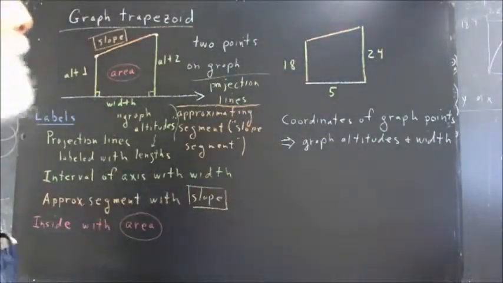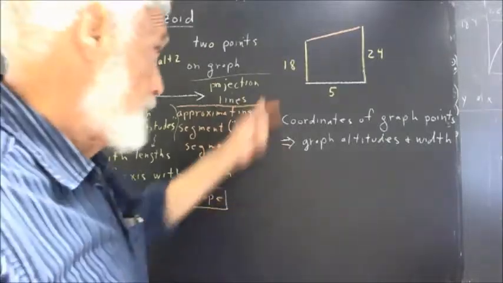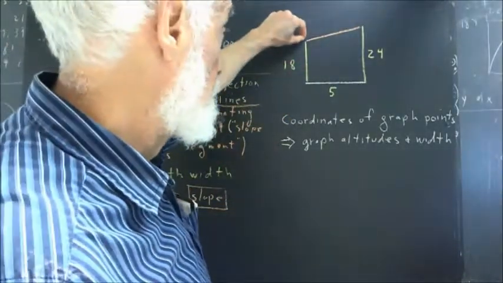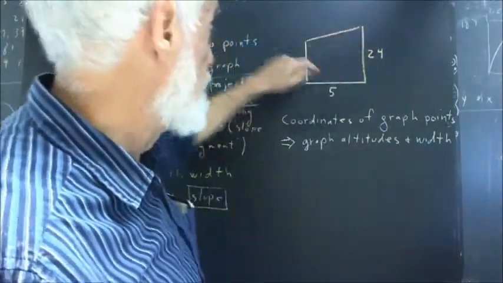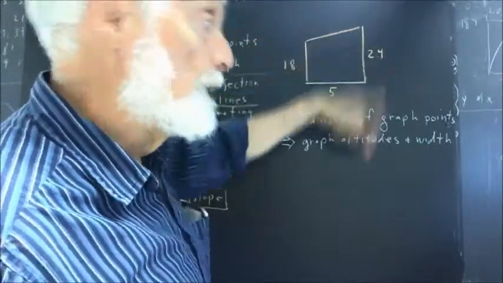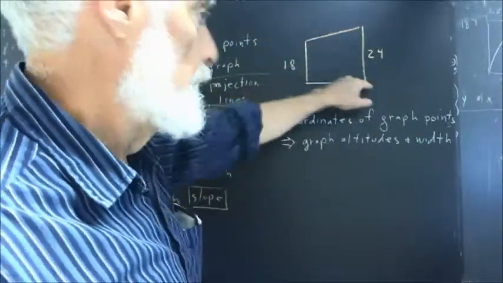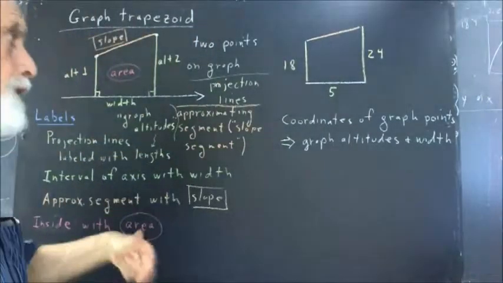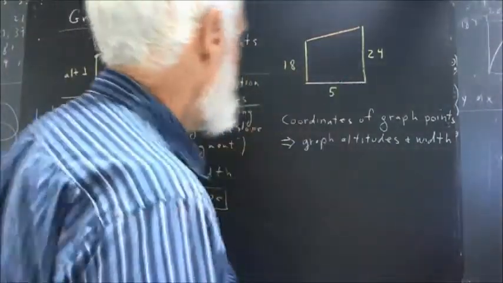We'll do that in examples, but I'm assuming that if you know the x and y coordinates of this point and this point, you can easily find the 2 graph altitudes, which are the y coordinates, and the width, which is the change in the x coordinate from here to here.